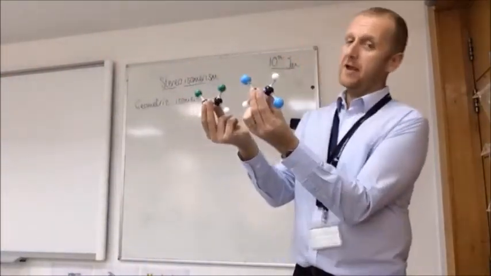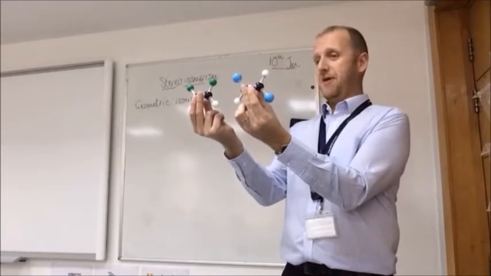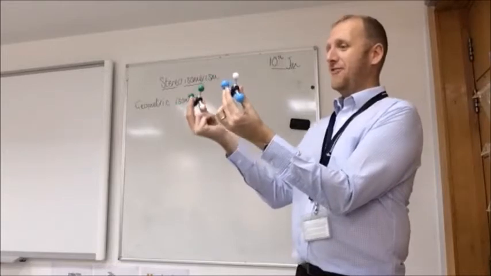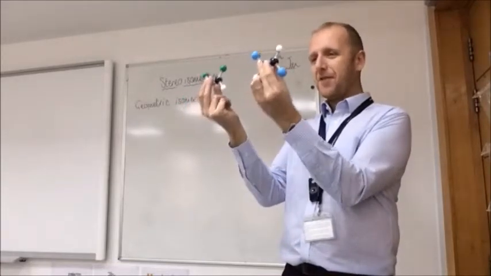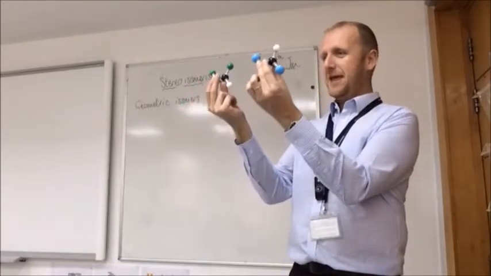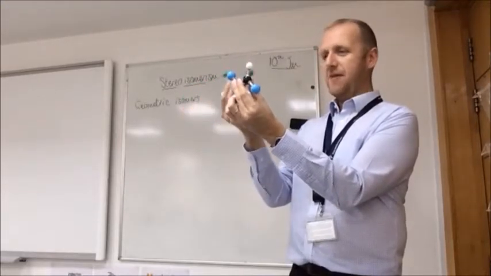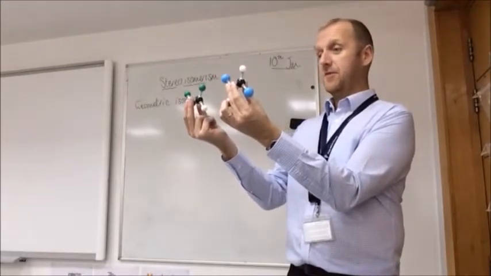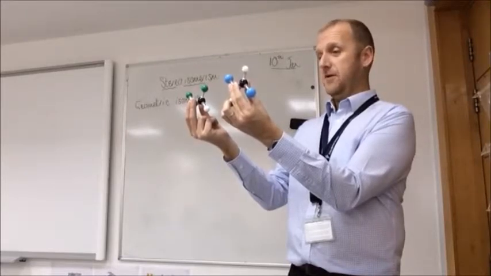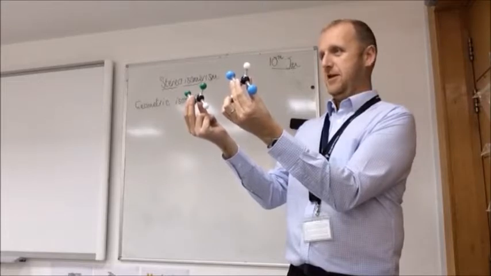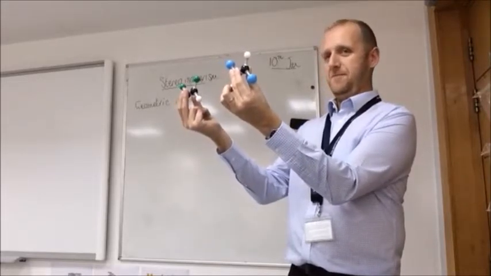It would be ideal if both of them were green, but just imagine in your heads that on the one that's blue, they're actually green bits. Those have exactly the same bonds, double bonds. They've got the same two atoms as functional groups. But what is the difference? Can you see the difference between these?